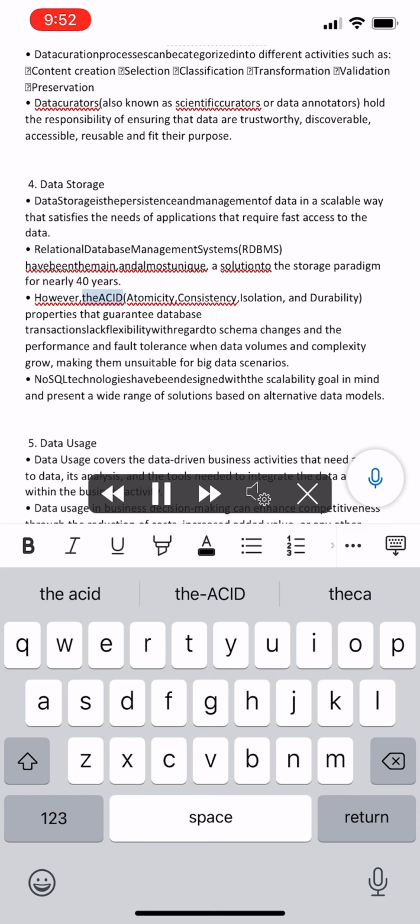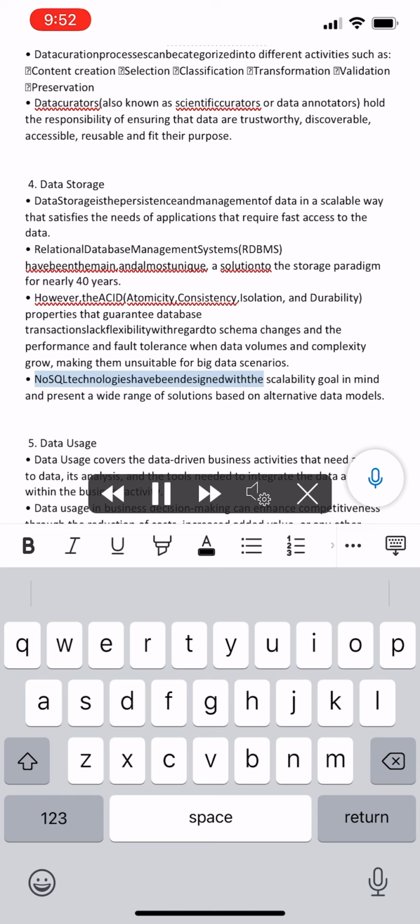However, the ACID (atomicity, consistency, isolation, and durability) properties that guarantee database transactions lack flexibility with regard to schema changes and the performance and fault tolerance when data volumes and complexity grow, making them unsuitable for big data scenarios.